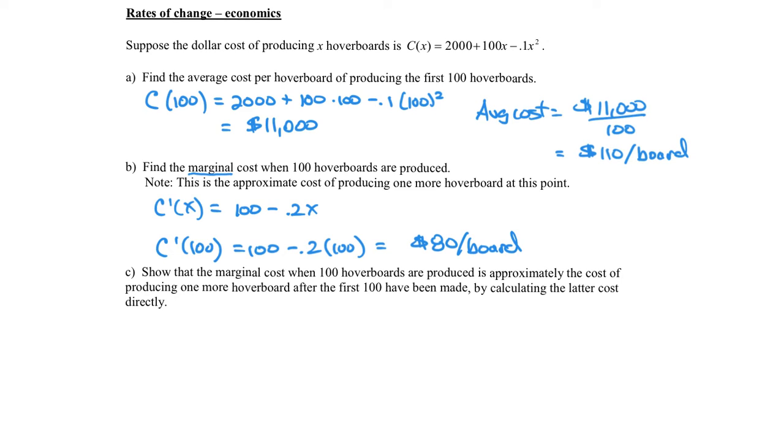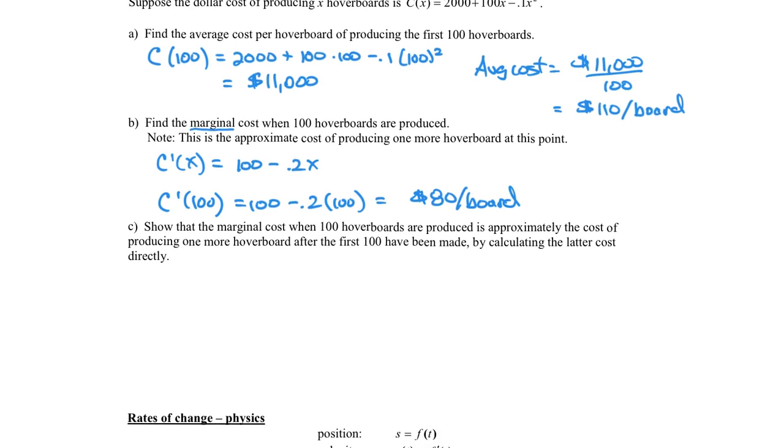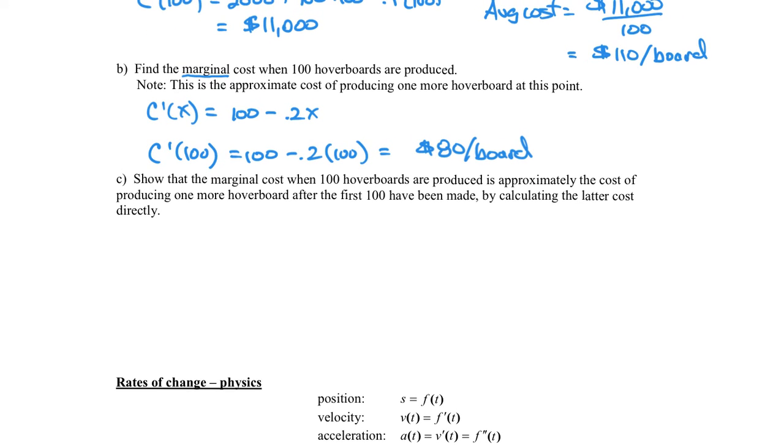To calculate it directly, we could just figure out the cost of producing 101 hoverboards and subtract the cost of producing the first 100 hoverboards, and this would leave us with the cost of producing that 101st hoverboard, which basically is what we calculated here using the marginal cost function.